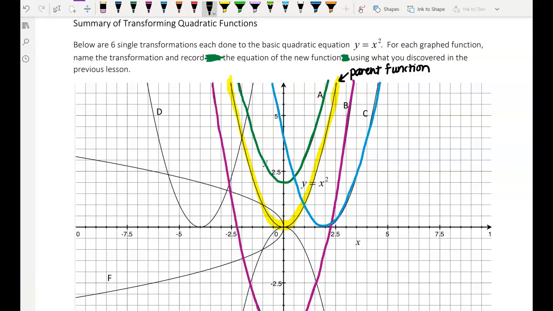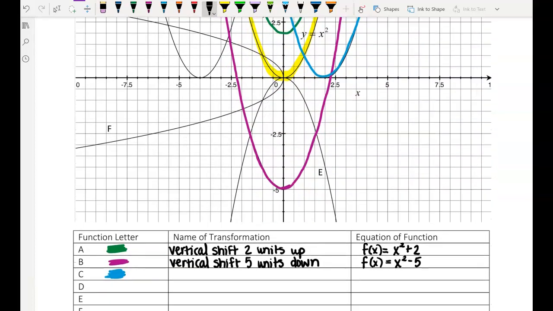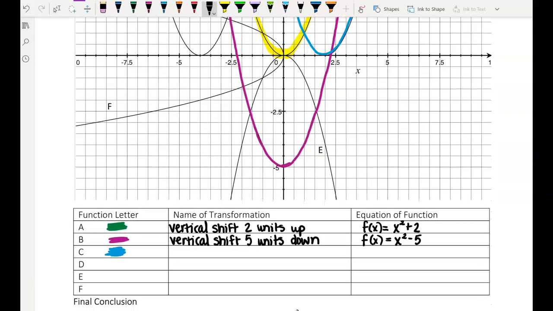A horizontal shift. How many units in which direction? Horizontal shift, 2 units right. So how would my equation look to show that shift?